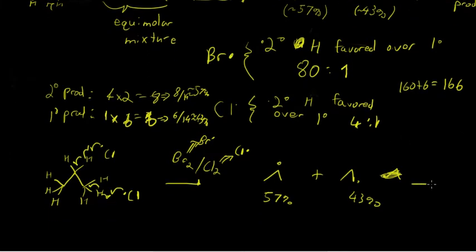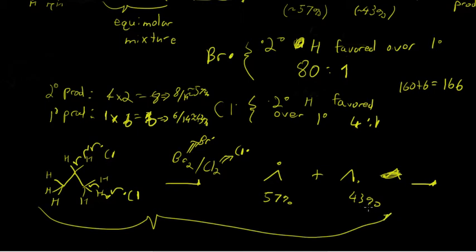And now remember, this is the rate limiting step here. This is the slow step of the reaction. So it is much more likely to proceed with chlorine than it is with bromine.